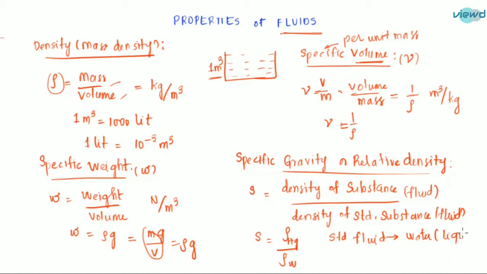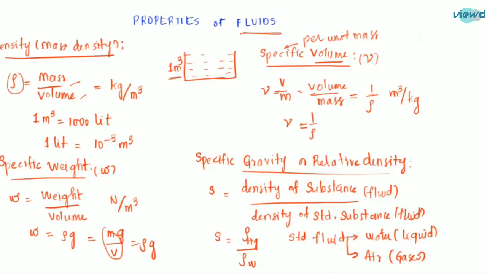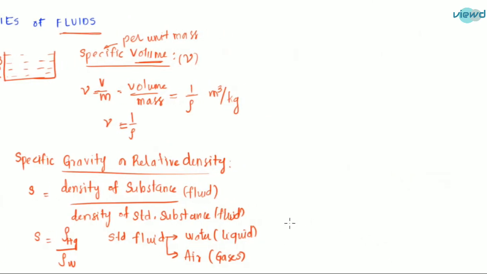A fluid may be a liquid or a gas. For liquids, water is the standard fluid, and air is the standard fluid for gas. Also, the density of water is 1000 kg per meter cube, and the density of air is considered as 1 kg per meter cube under standard atmospheric conditions.